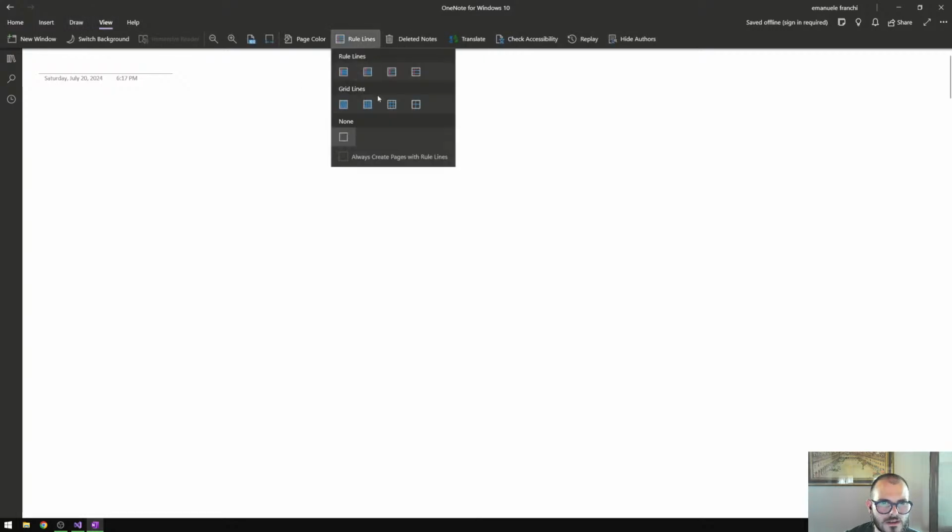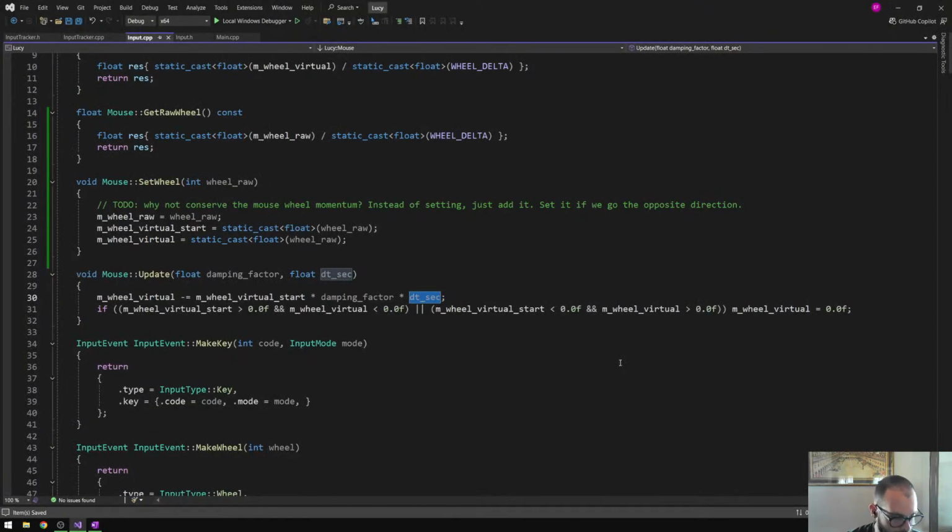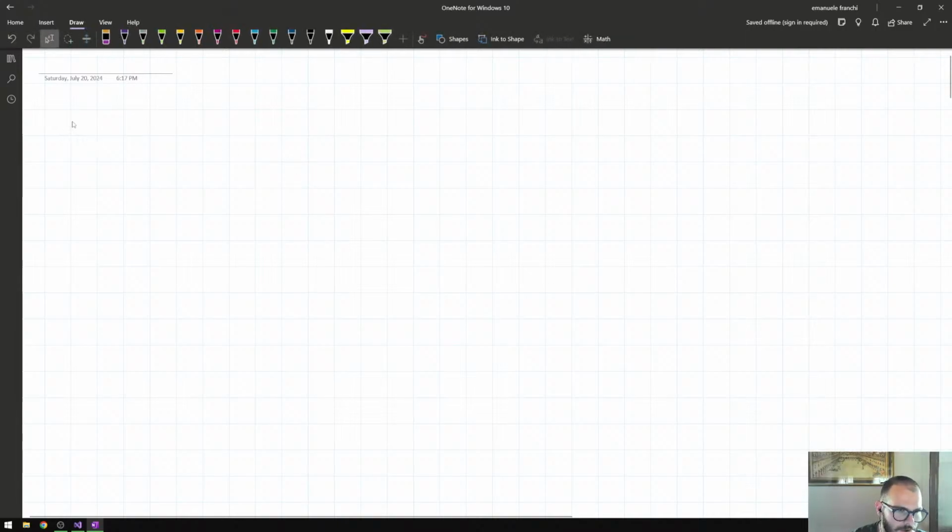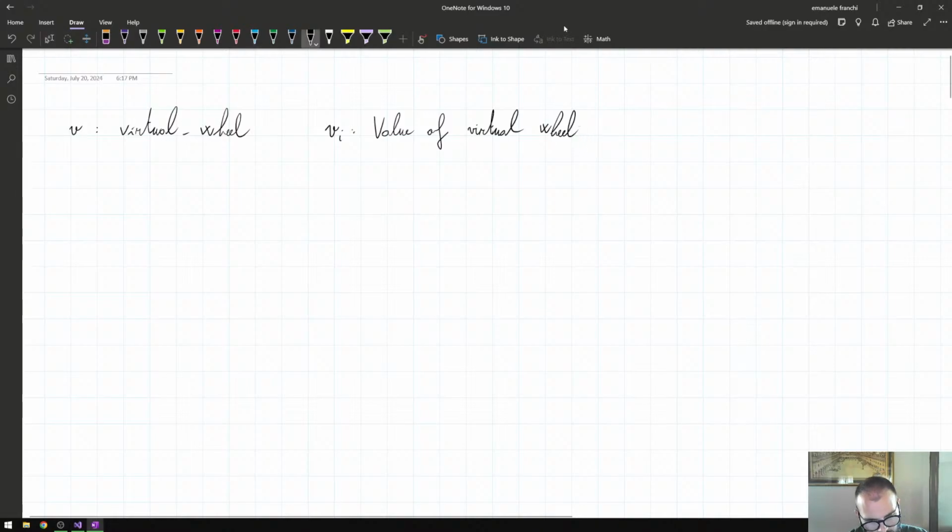Okay, so we have, let's call it virtual. This is the virtual wheel, a value of the virtual wheel at frame i, let's say.